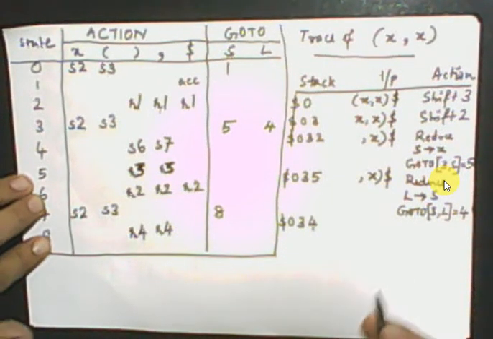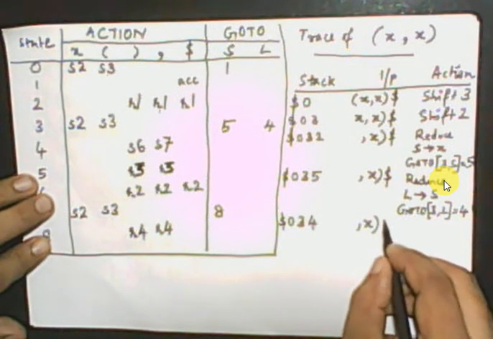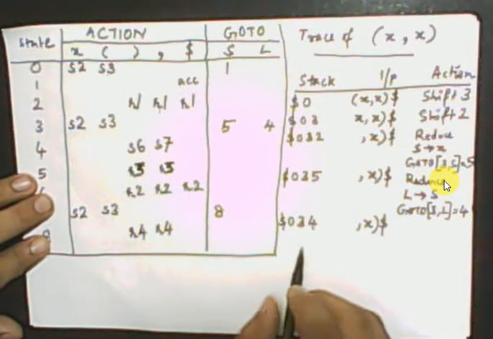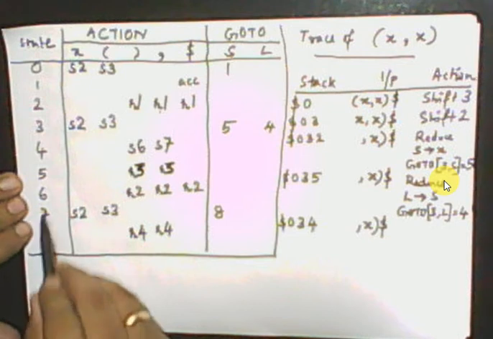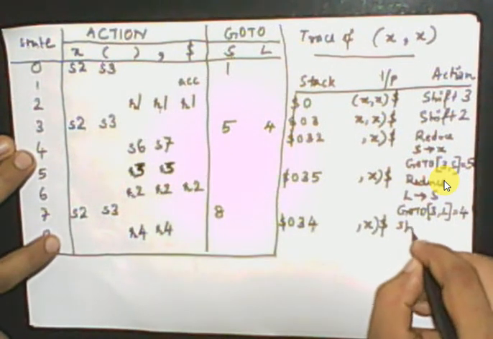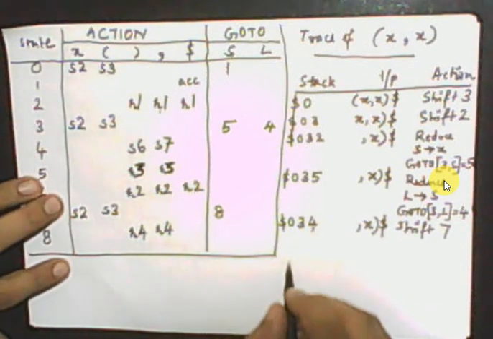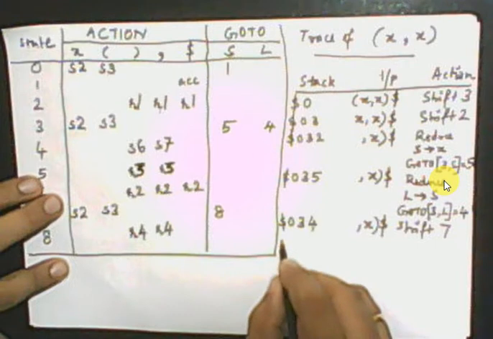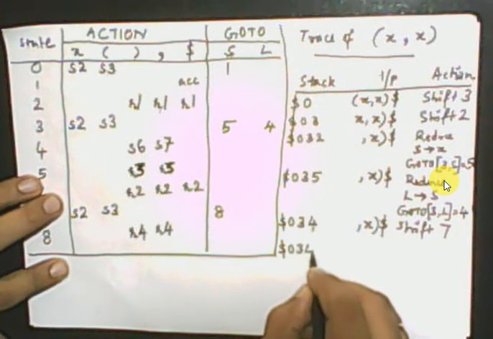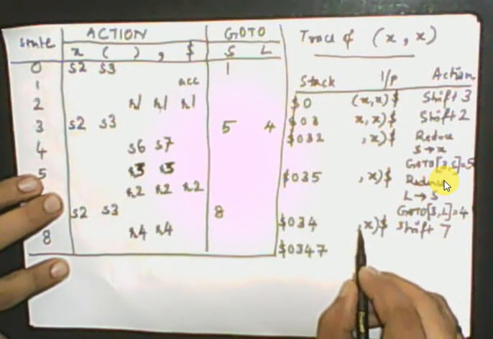Again here it is comma x right parenthesis dollar. Now 4 on comma, you have a shift operation, that is shift 7. That means $ 0 3 4 7, and since it is a shift operation, this comma will be gone.